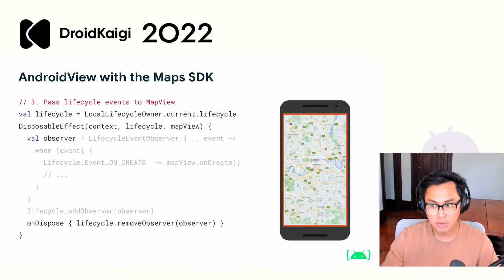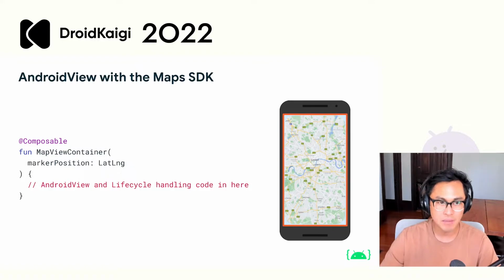That code would be contained within a DisposableEffect composable function. This way we can listen to the onDispose callback, which would allow us to remove the observer from the lifecycle when the disposable leaves the composition.